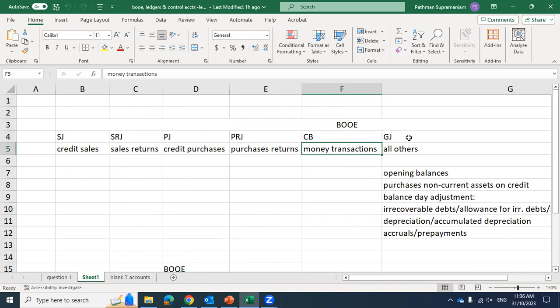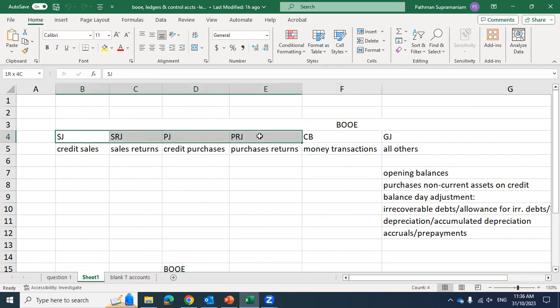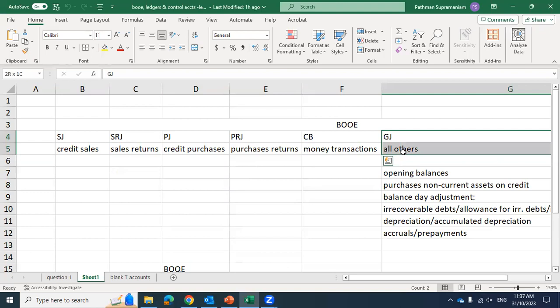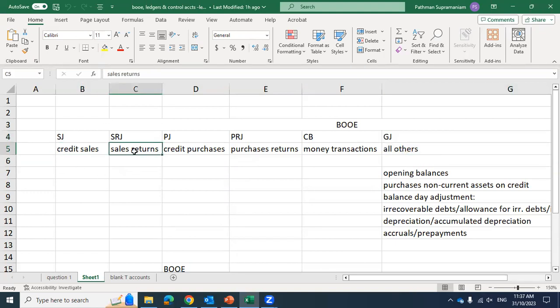And finally, you have the general journal, which records anything else other than what is mentioned in the 5 books of original entry here. Which means what you record in the general journal should not be credit sales, sales return, credit purchases, purchases return, or monetary transactions.